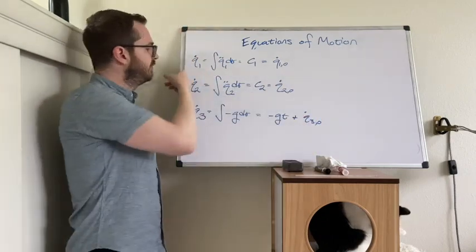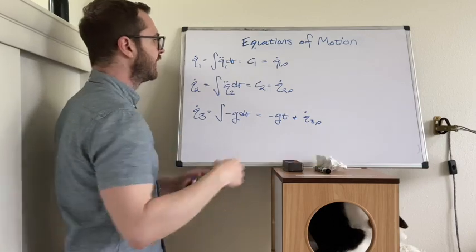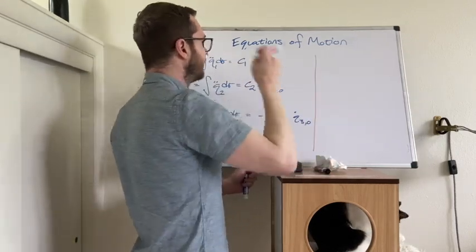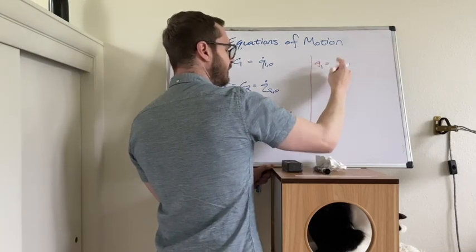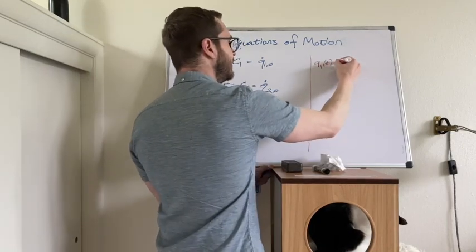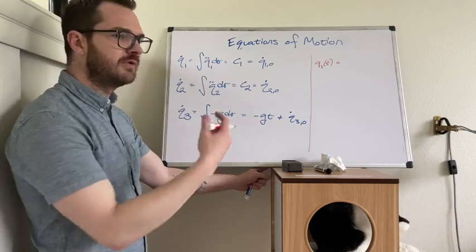Well, we have speeds. Remember that we want position. So if I take these equations, and I'm just going to do them on this side, we want Q1, and I'll specify this one. We want Q1 as a function of time. Okay, what are we going to do to get Q1?